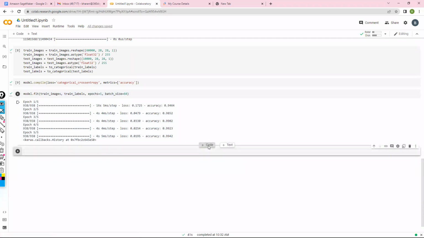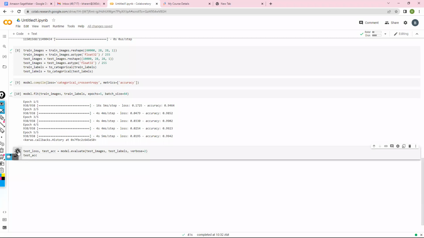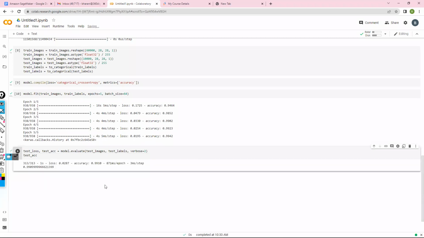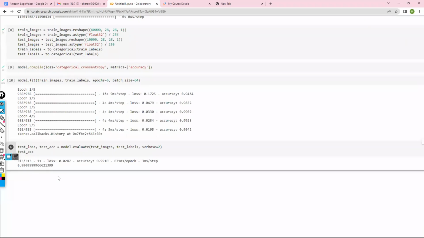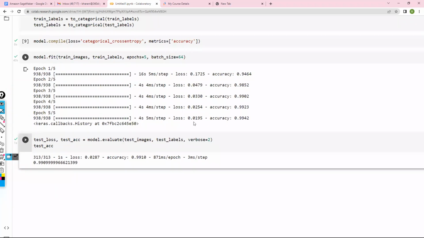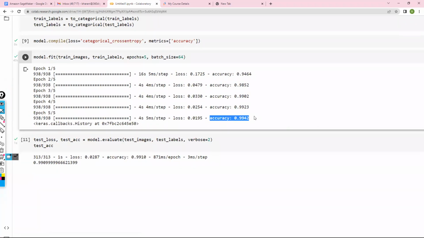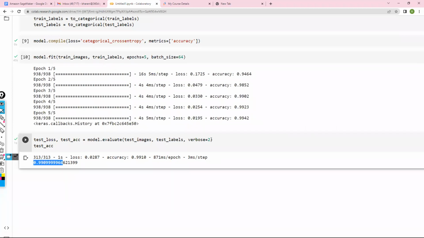And then you're testing. And when you trained the data, accuracy of your training model was 0.99. And when you evaluated your model on the test data, accuracy is so much. If you say verbose equal to 0, it would give a silent execution.